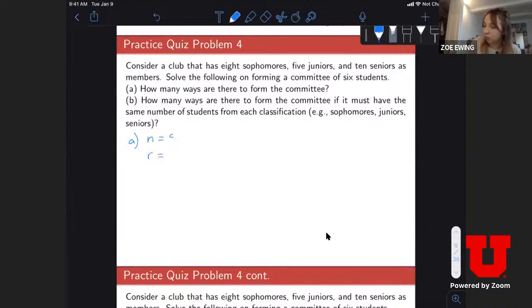So we have 8 sophomores plus 5 juniors plus 10 seniors, which is 23. And R is how many we're picking, which is the size of the committee, so 6. Now which formula are we going to use?